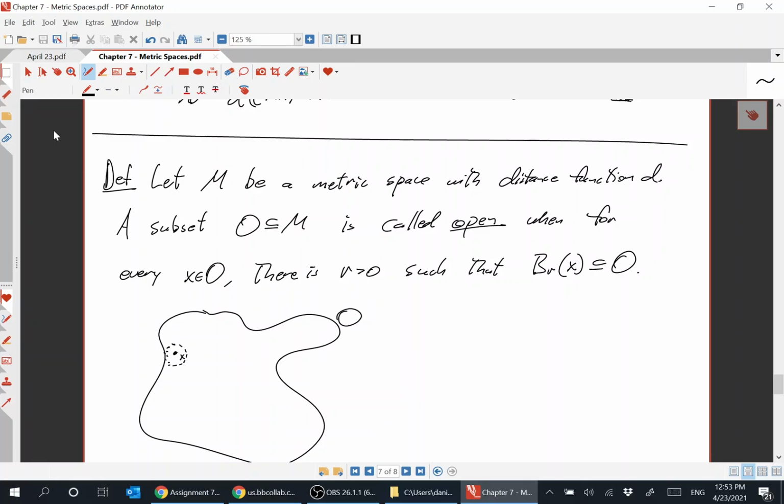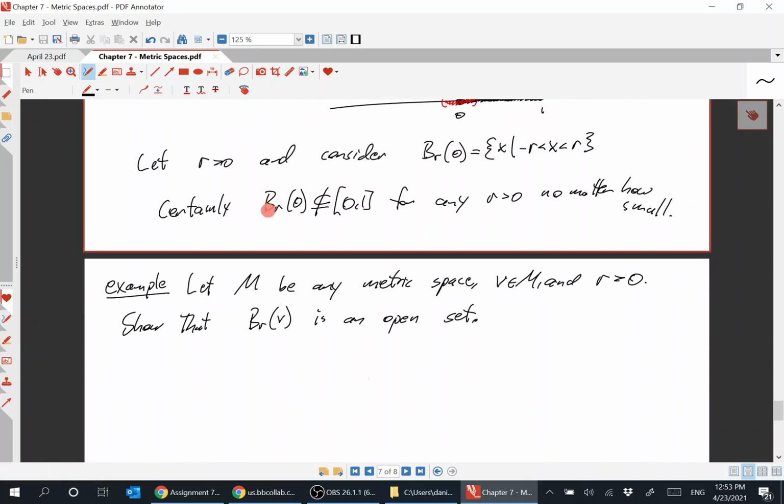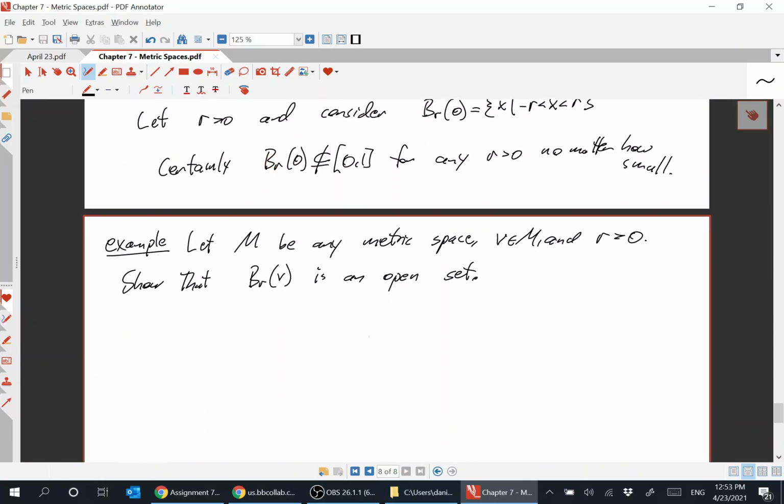In the non-example we did, the closed interval from 0 to 1 contains the number 0 in the space of real numbers, and no open ball around 0 stays in the interval from 0 to 1. So now we want to show that any x you pick in the open ball has an open ball around it, making the open ball itself an open set.